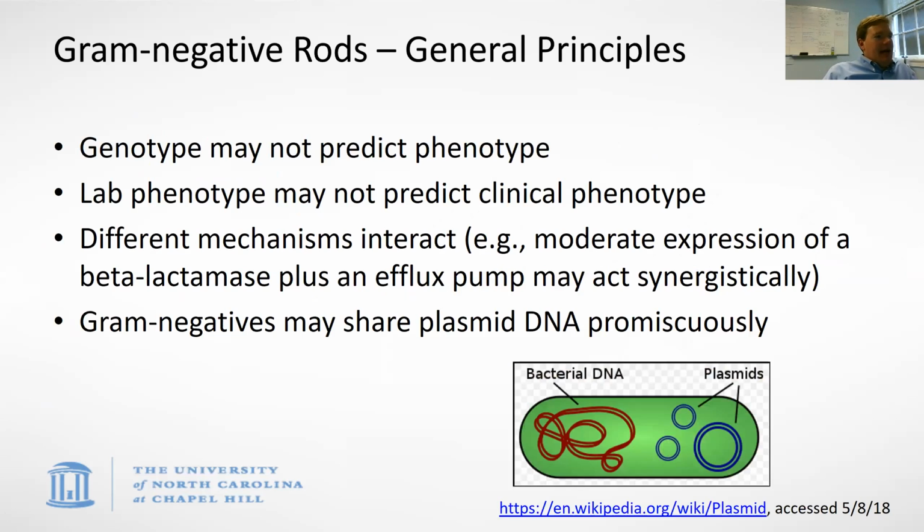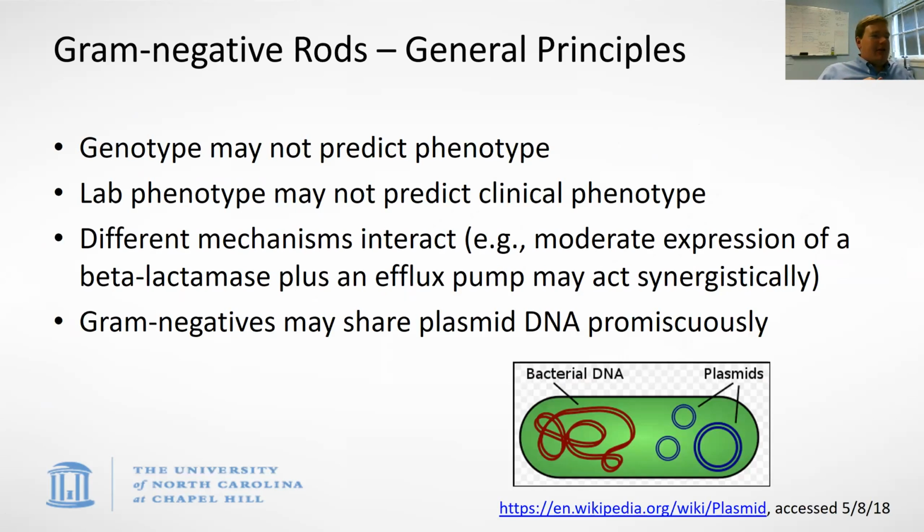So that means the genotype may not predict phenotype, which makes things a little bit more complicated. The lab phenotype may not predict the clinical phenotype in certain circumstances. So the lab might report something that looks susceptible, but could develop resistance over time, for example. Different mechanisms can interact. So with Staph aureus, it's either MSSA or it's MRSA.